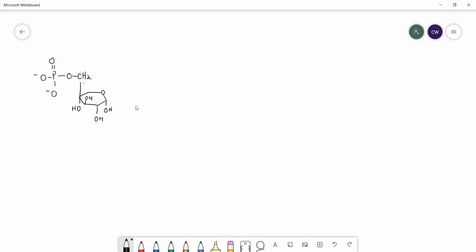Okay, so this molecule is then converted using an enzyme to fructose 6-phosphate.